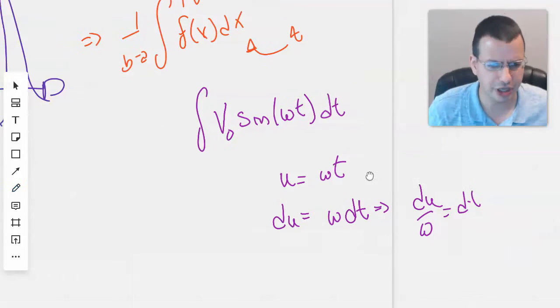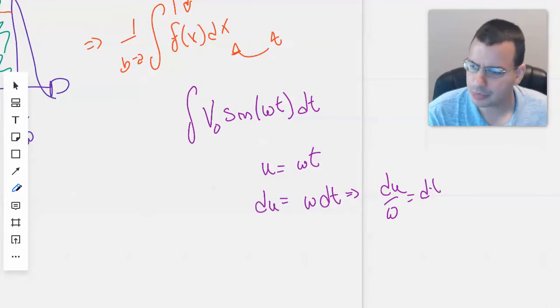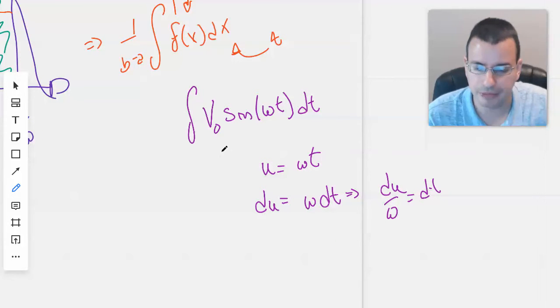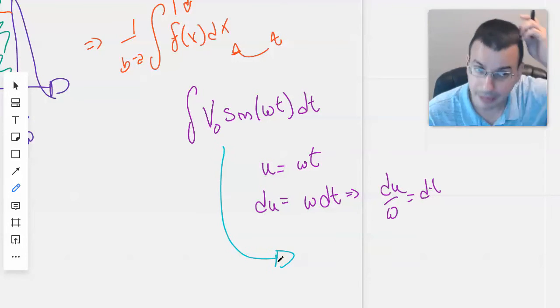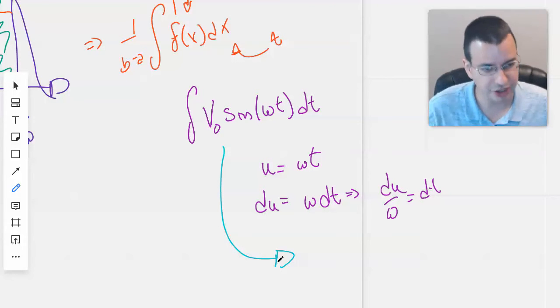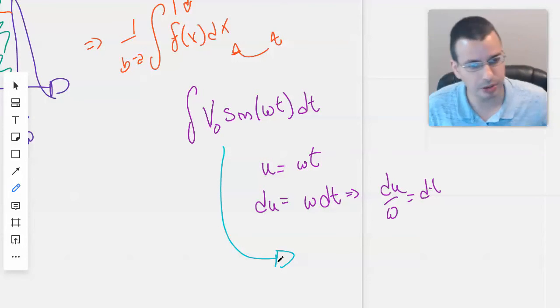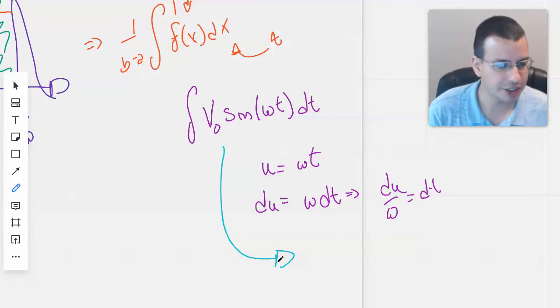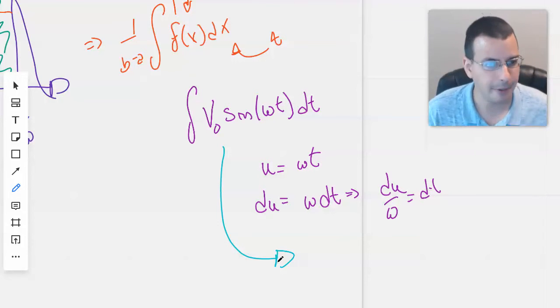Most people could just do this in their head. For me, it's going to depend on how much time I have available. If I am crunched for time and I am running behind, I'll just kind of wing it and say, I'll probably just divide by omega.